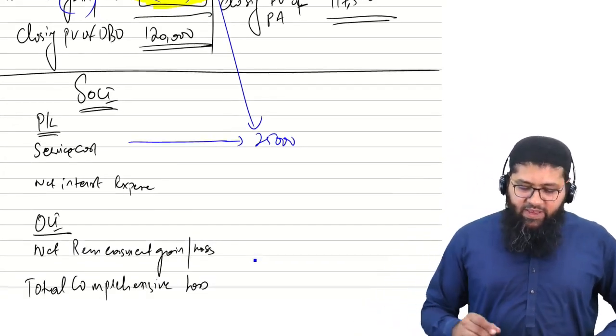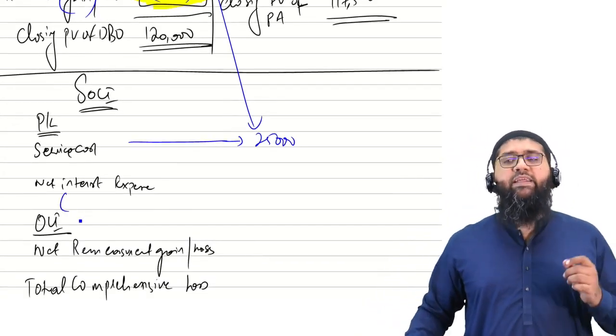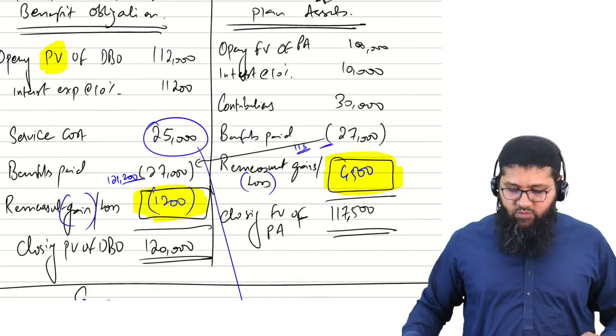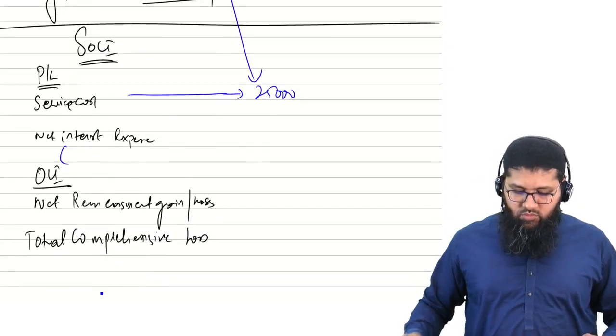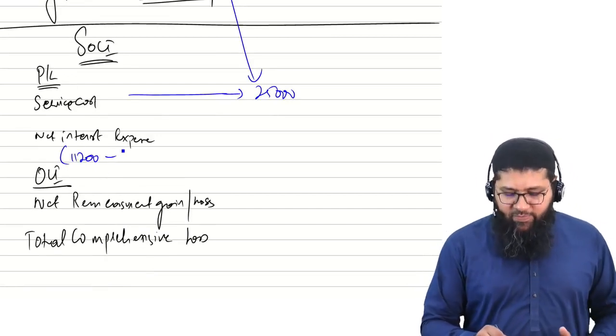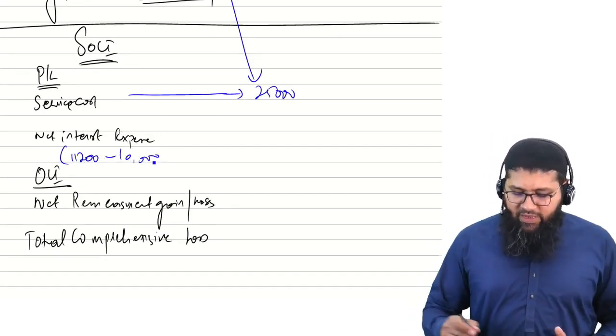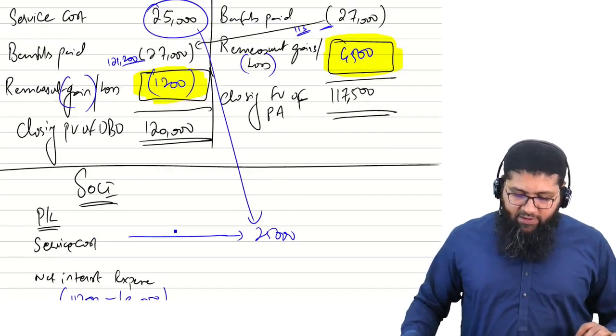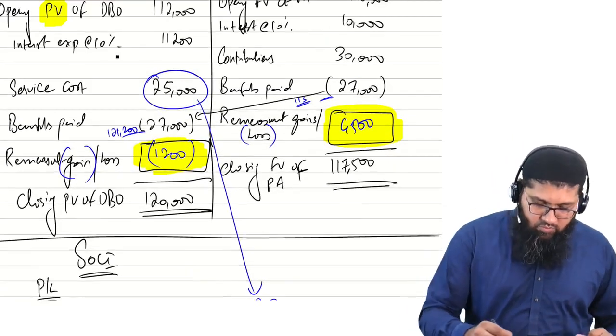Next is the net interest expense. What is net interest expense? Try to understand. 11,200 is the expense. 10,000 is the income. Where did we get this amount from?